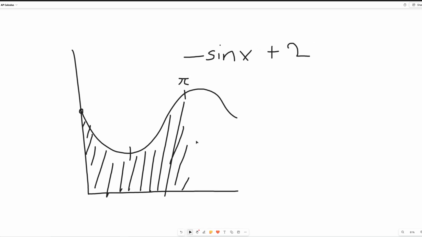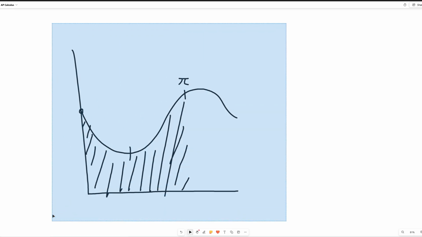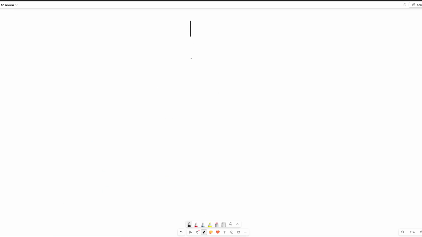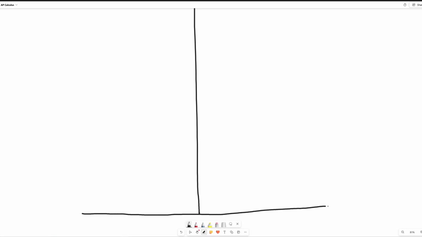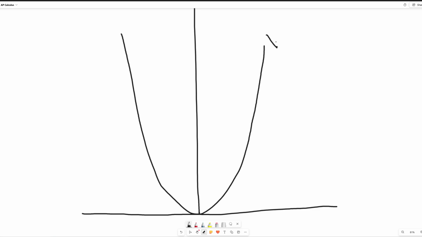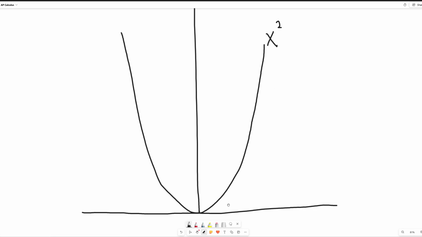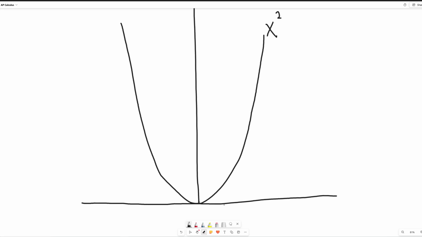So how could we approximate this? Well, I'm going to look at the function x squared, because it's a very nice function for looking at approximating. So this is our function x squared, and I'm going to say that this is 1, this is 2, this is 3.